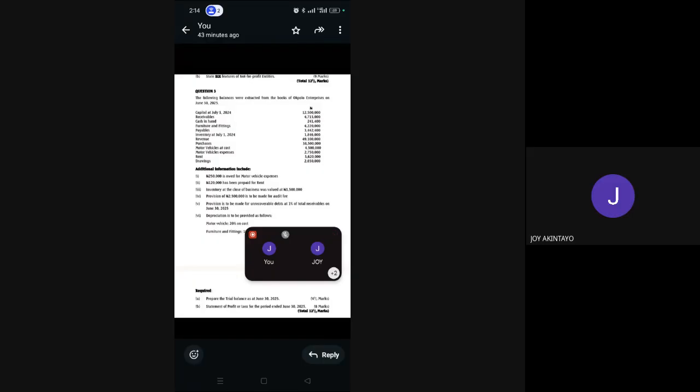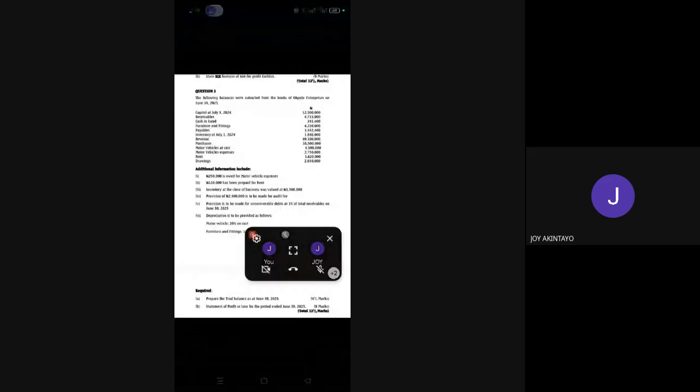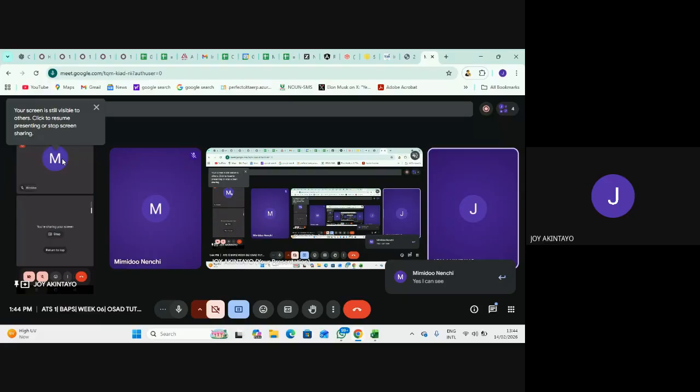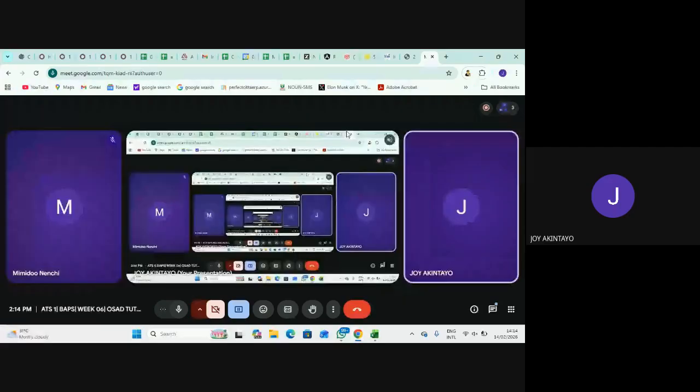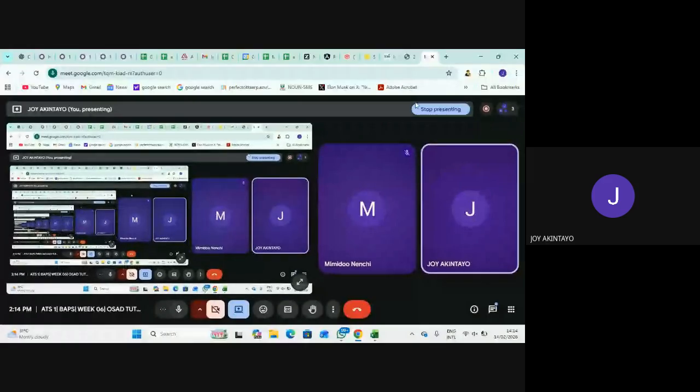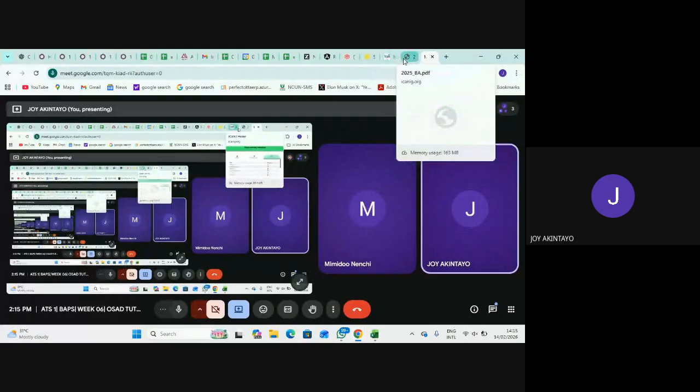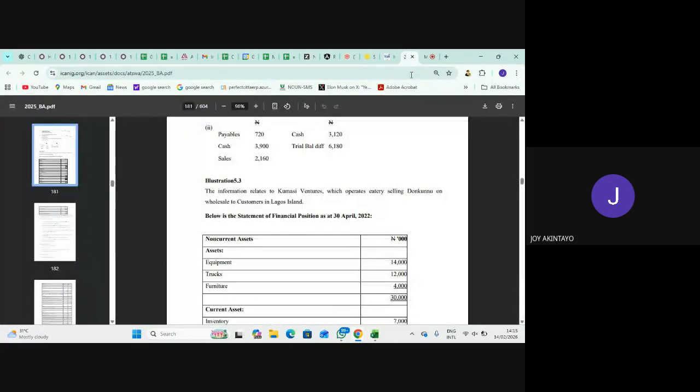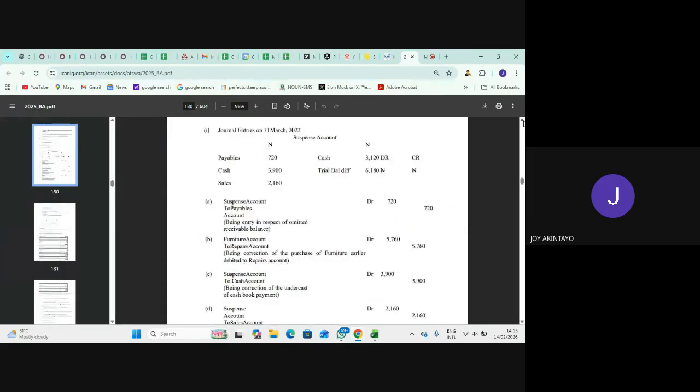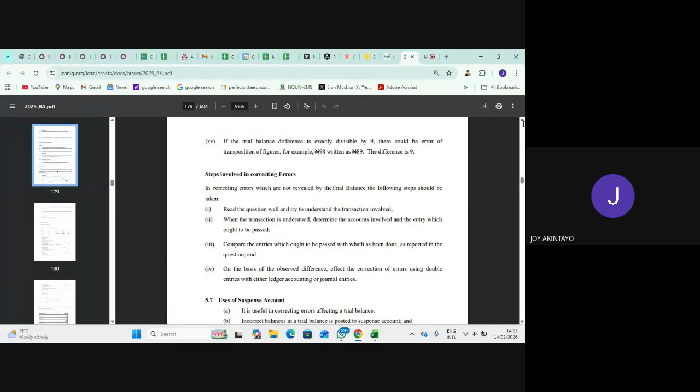So now let's quickly look at something. We've talked about the errors that do not affect trial balance.